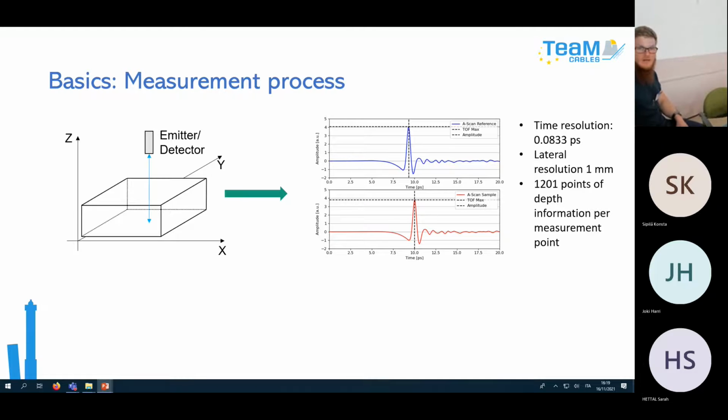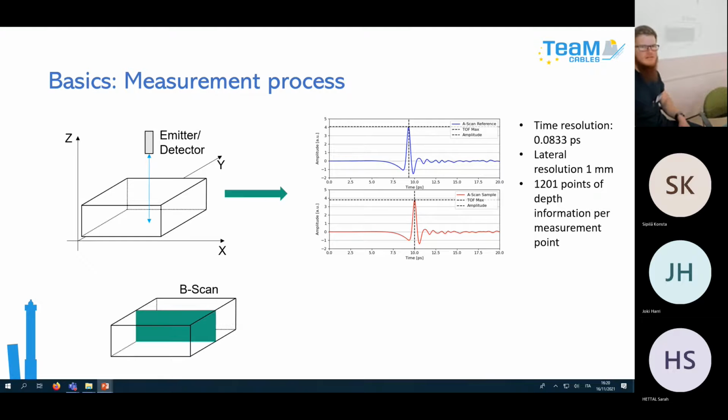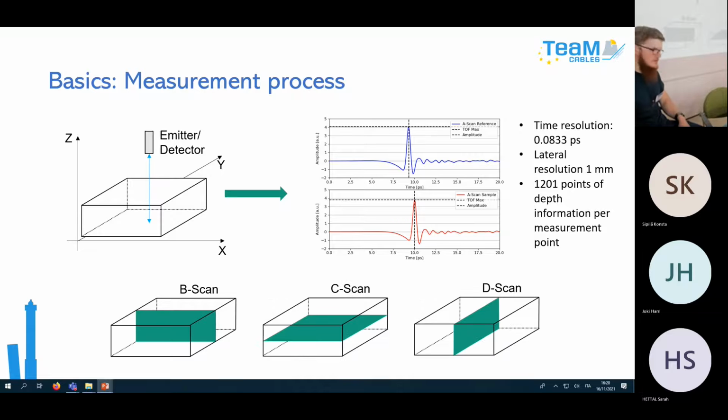The time resolution we can achieve here is quite small, with 0.08 picoseconds. The lateral resolution is several orders of magnitude higher, but still fine with 1 millimeter. And we get 1,201 points of depth information per measurement point. Don't ask why, that's just how it is, stemming from the delay line. And of course, we can use this scanning system, these A scans, to then perform B, C, or D scans.